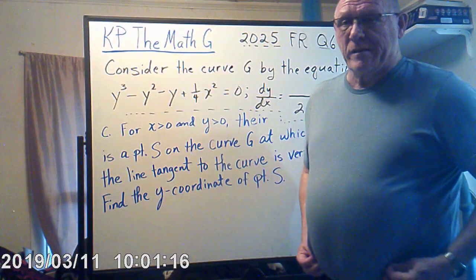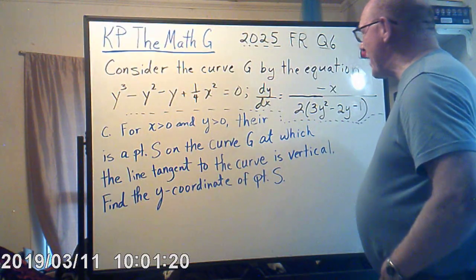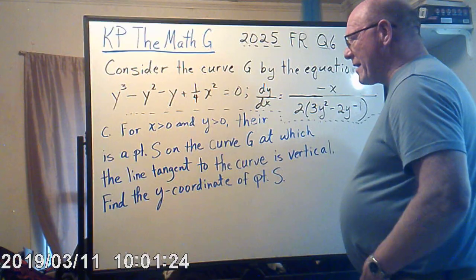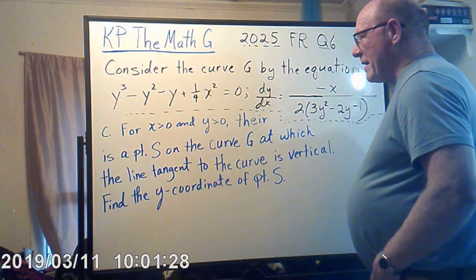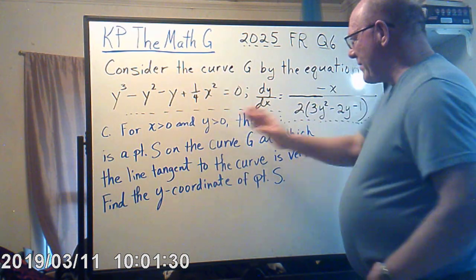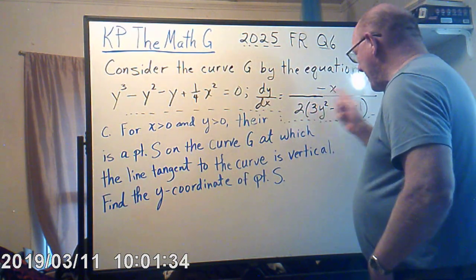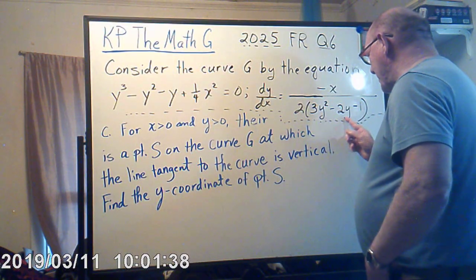I really do. Alright, well, let's get started. Consider the curve G by the equation y cubed minus y squared minus y plus 1/4 x squared equals 0. If you were to take the derivative of this, dy over dx, with respect to x, you get negative x over 2 times 3y squared minus 2y minus 1.